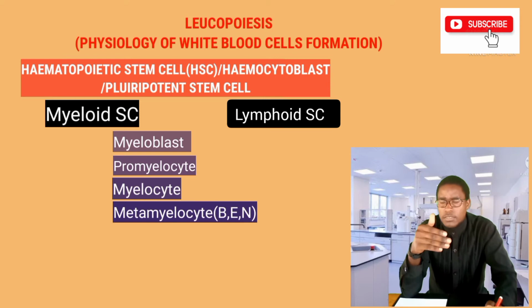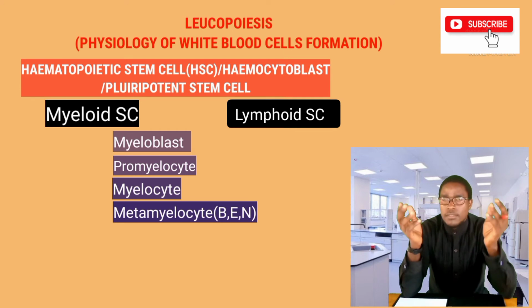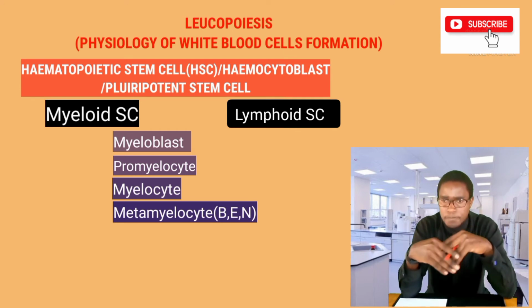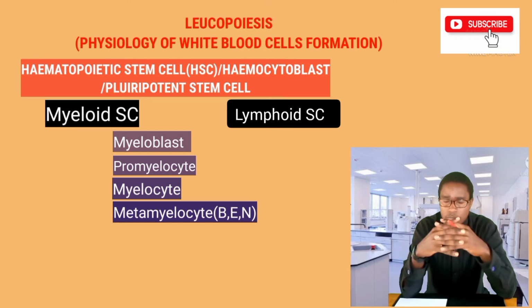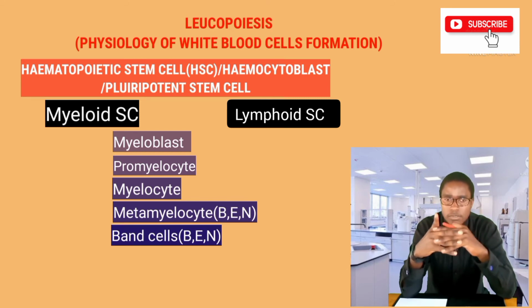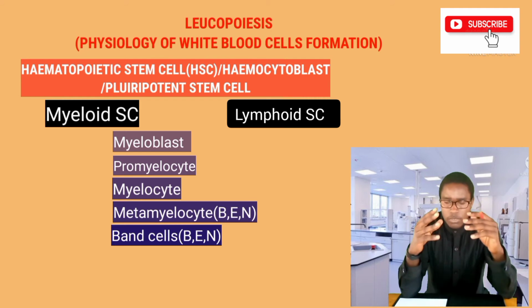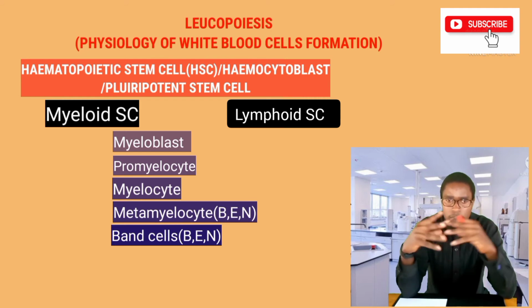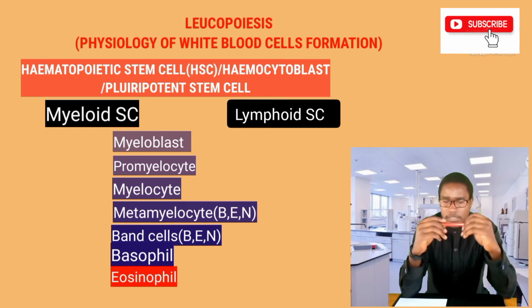The basophilic will show a dark blue cytoplasm, the eosinophilic will show a pink cytoplasm, and the neutrophilic will show blue and pink staining of the cytoplasm. These metamyelocytes will now develop into band cells, which will eventually develop into mature granulocytes. We shall have a basophil, an eosinophil, and a neutrophil.